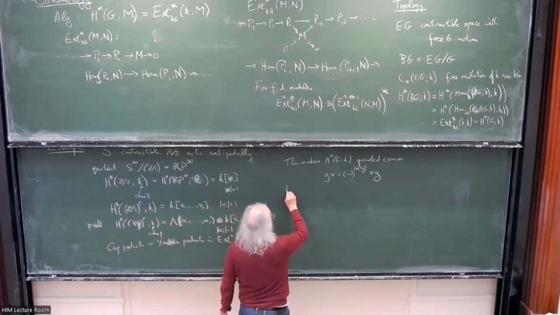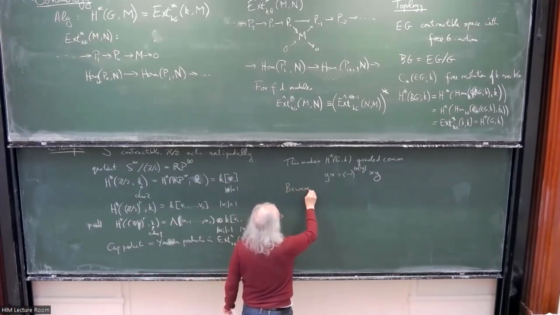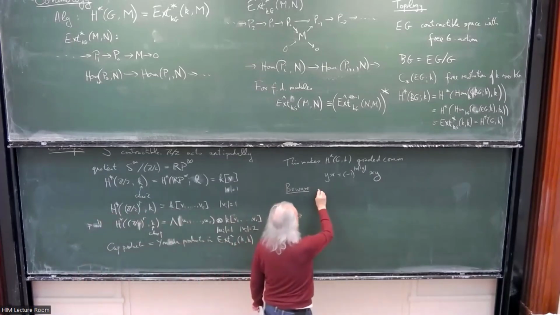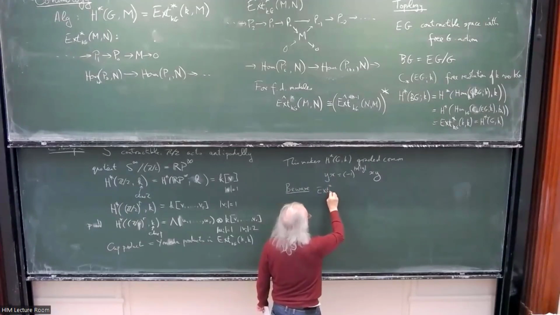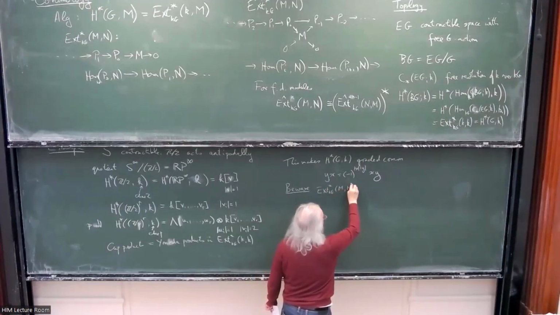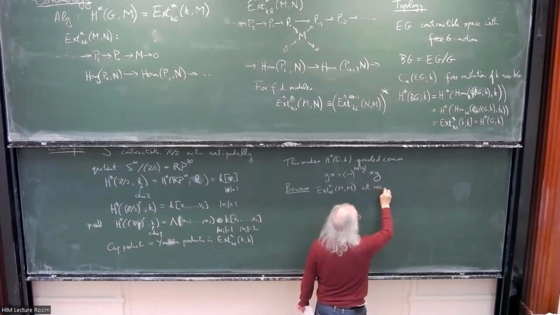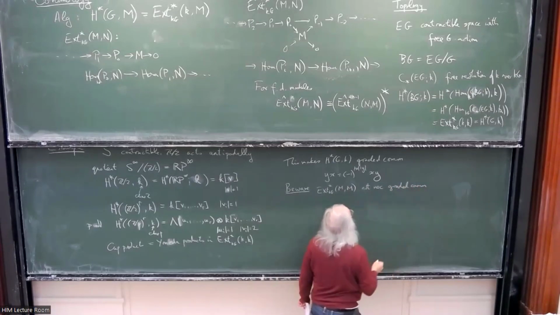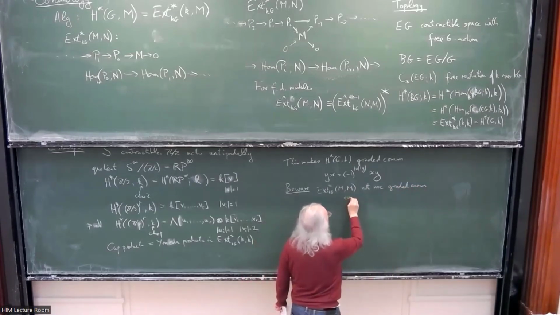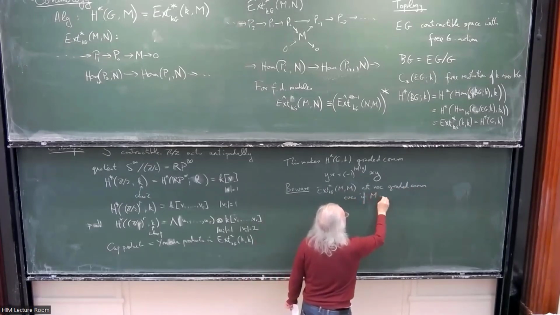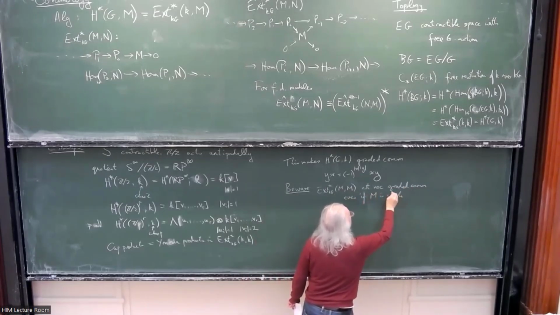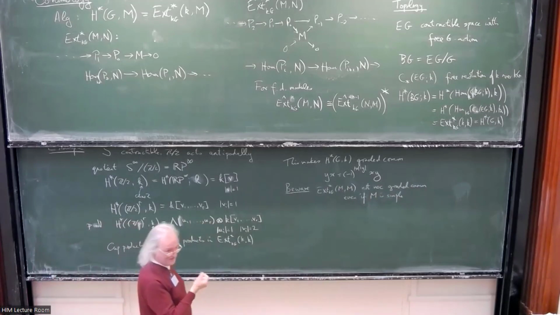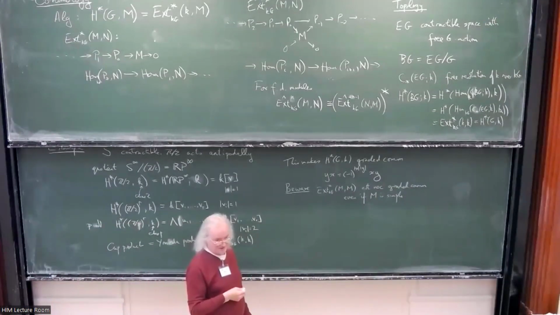So at this point I should give you a warning: for a non-trivial module, Ext star kG of M, M is not necessarily graded commutative, even if M is simple. So you can actually cook up examples of simple modules over finite groups where the Ext ring is not graded commutative.